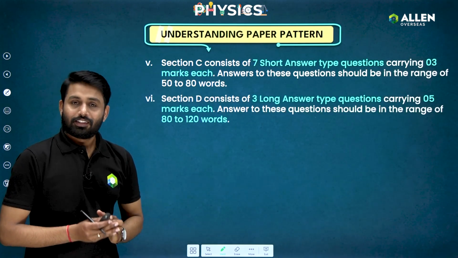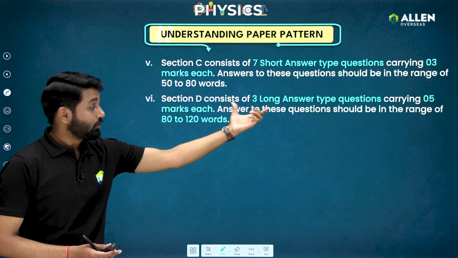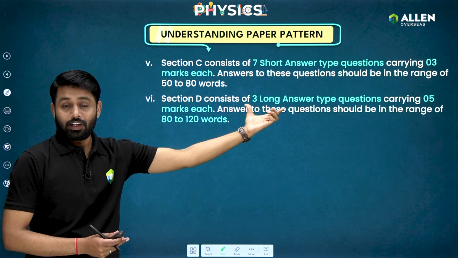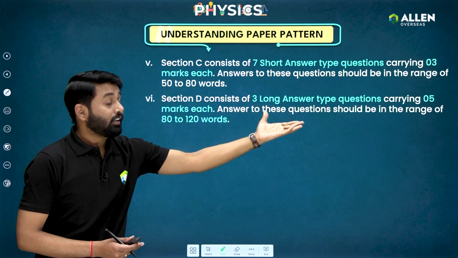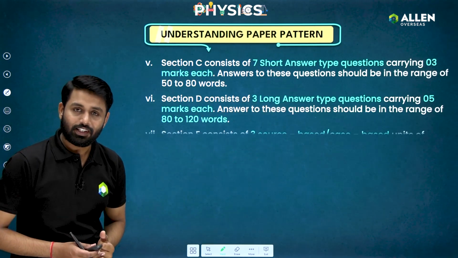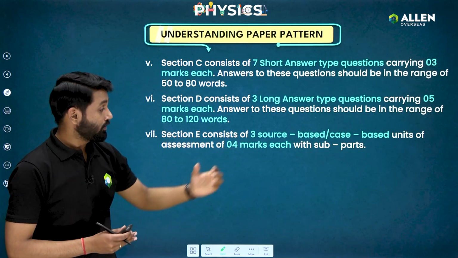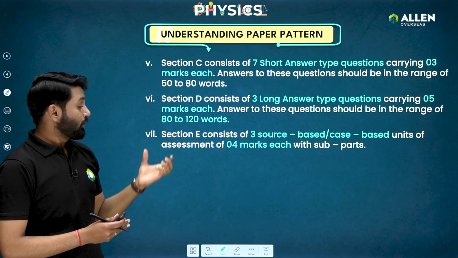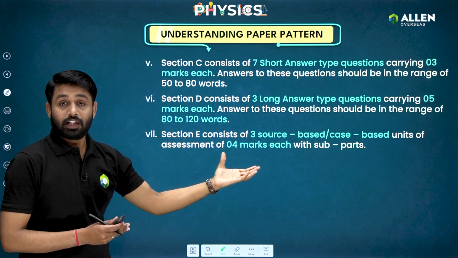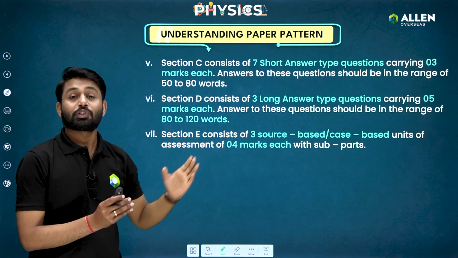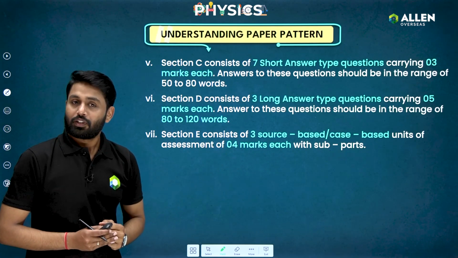Then section D consists of 3 long answer type questions, and these 3 questions carry 5 marks each. Then section E consists of 3 source based or case based units of assessment of 4 marks each, with subparts. So this is the complete paper pattern, right?